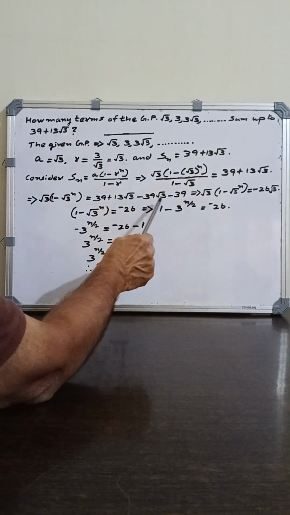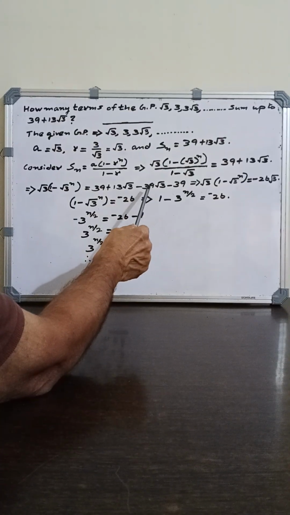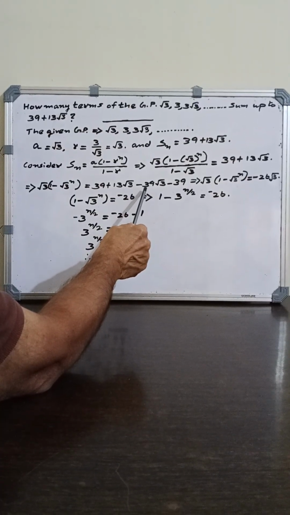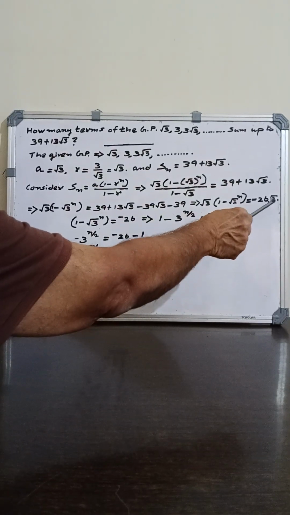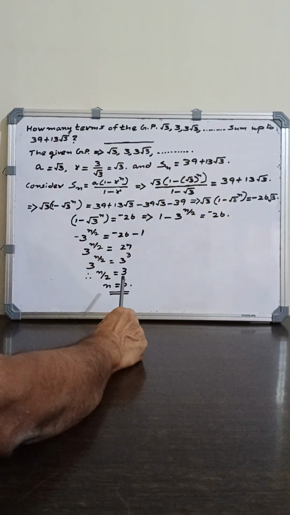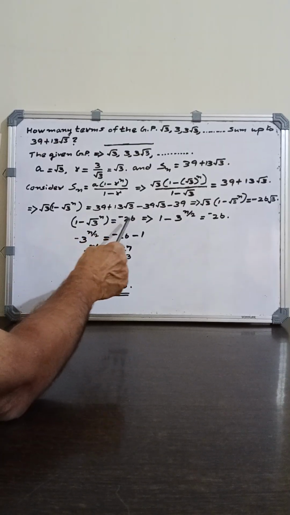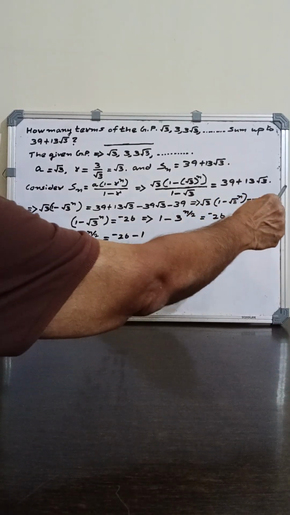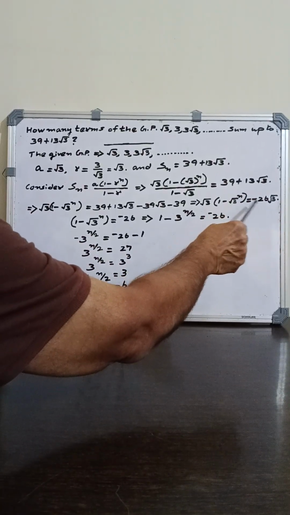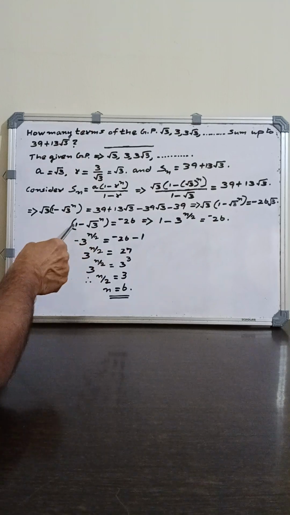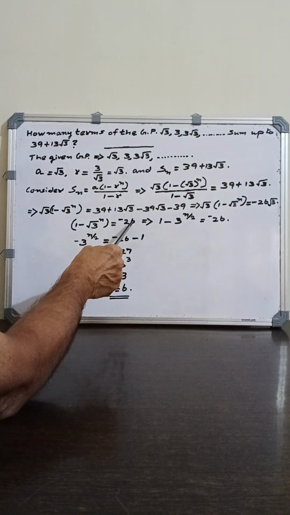So 1 minus root 3 raised to n equals minus 26. Why? Because root 3 and root 3 cancel. Therefore, 1 minus root 3 raised to n equals minus 26.